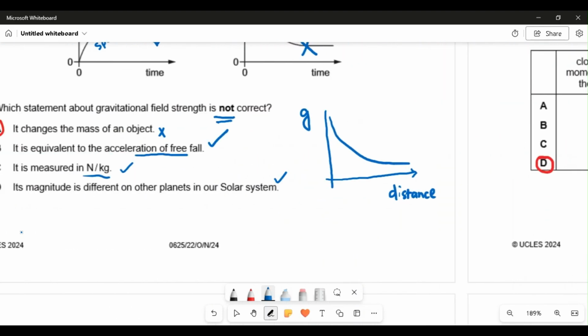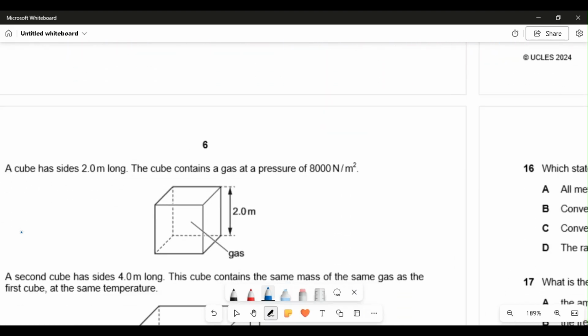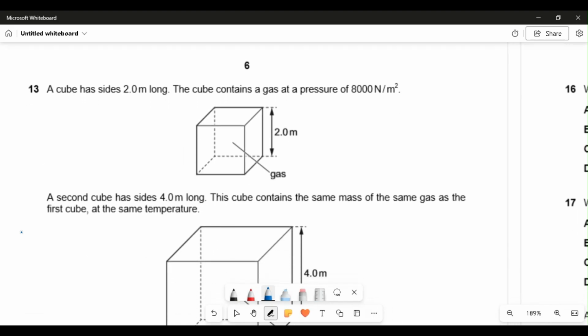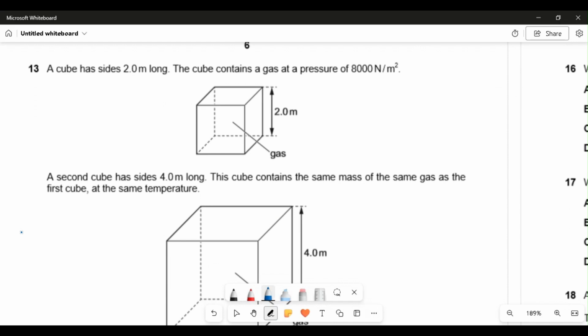Question number 13 says that we have a cube that is 2 meter long. The cube contains a gas at a pressure of 8,000 Newton per square meter. I can simply say that this is P1, and we can see the cube with each side 2 meter long. I can find the volume V1 for this cube, that is length times width times height.